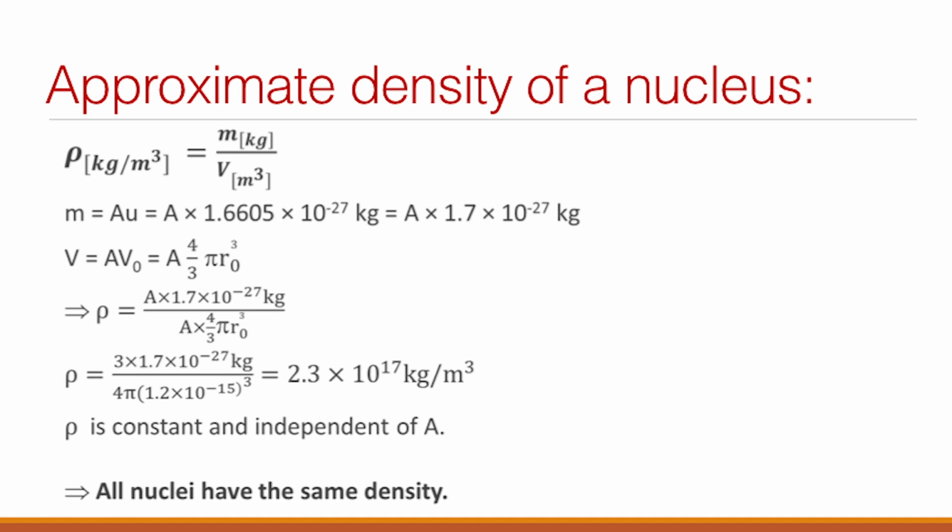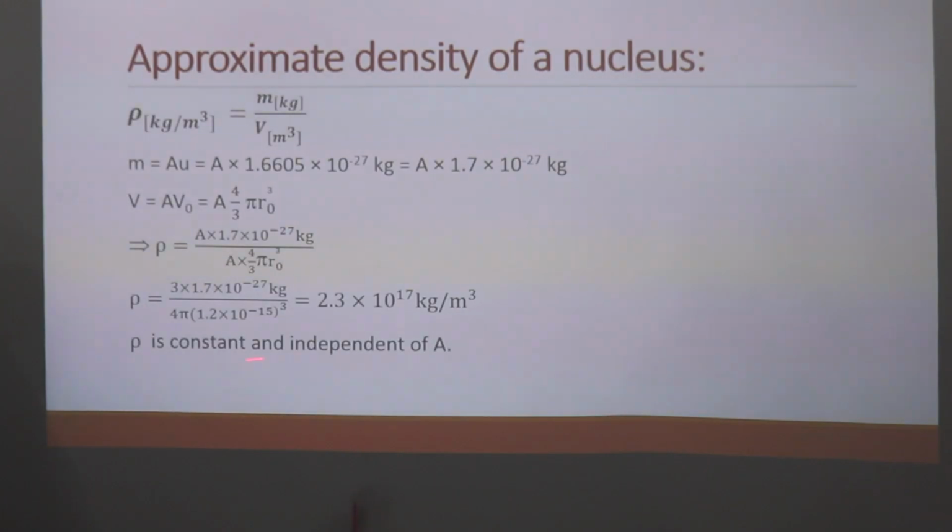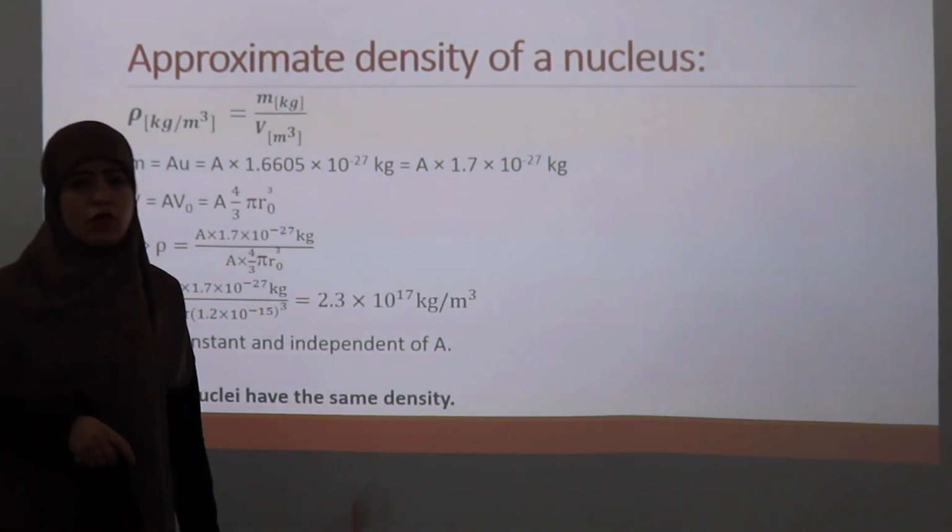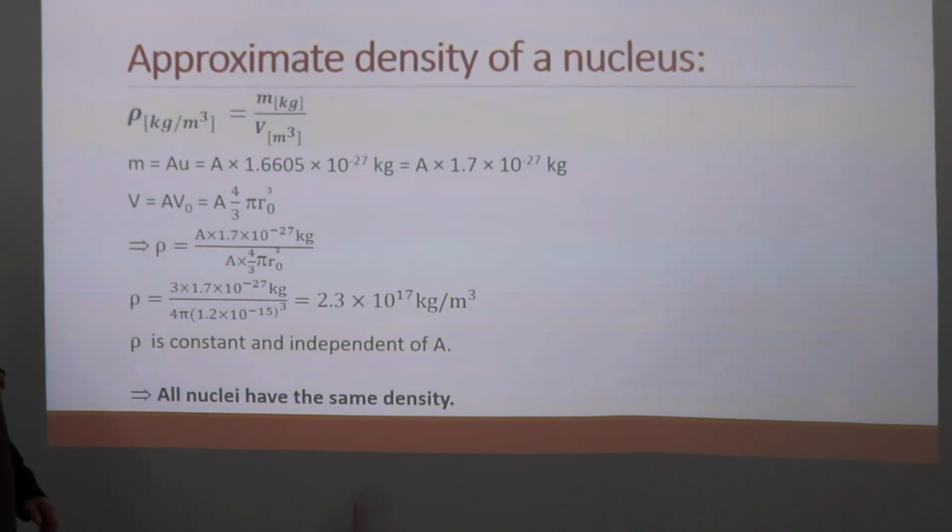We can cancel A, so we get a constant number. So the density of the nucleus is independent of the mass number. So rho is constant. All nuclei have the same density, the same for all nuclei in the world, since the density is independent of the mass number A.